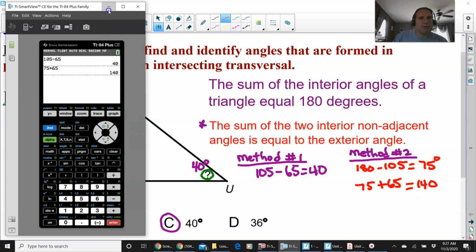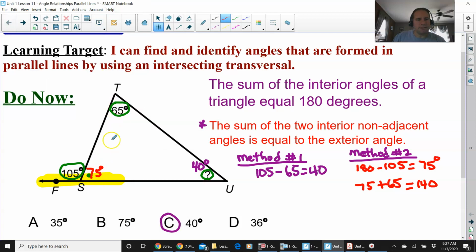Then, because the sum of interior angles of a triangle adds up to 180 degrees, I take 180 minus the 140, and you get 40 degrees. And that is the measure of this right here, 40 degrees.